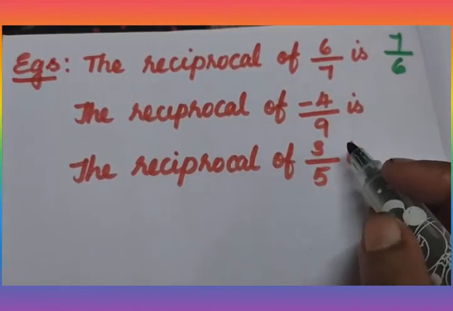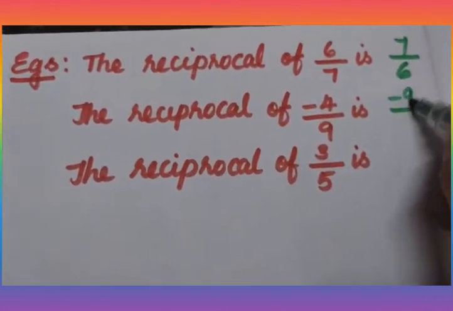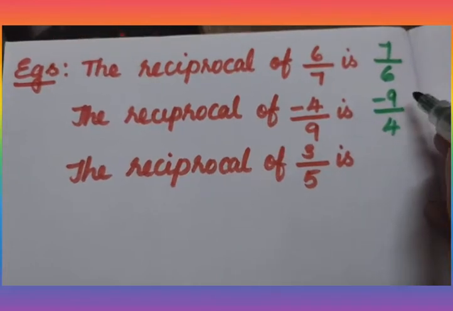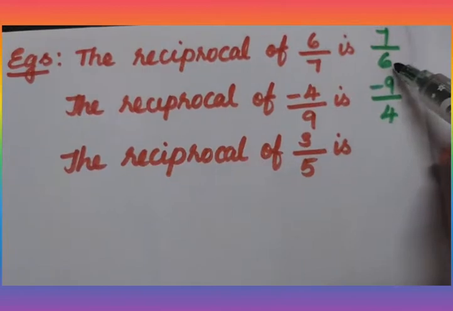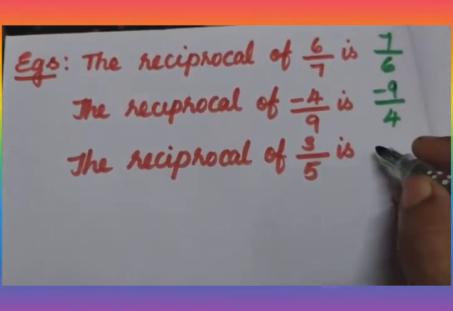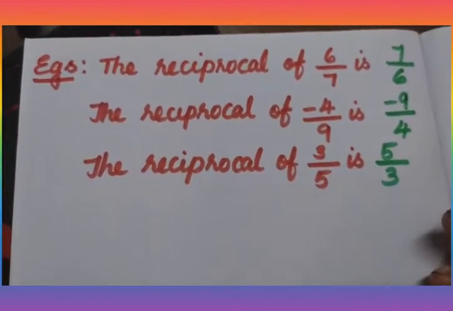Then the reciprocal of minus 4 by 9 is minus 9 by 4. Don't change the sign, just change the number. Write the numerator as the denominator, and the denominator as the numerator. Then the reciprocal of 3 by 5 is 5 by 3.